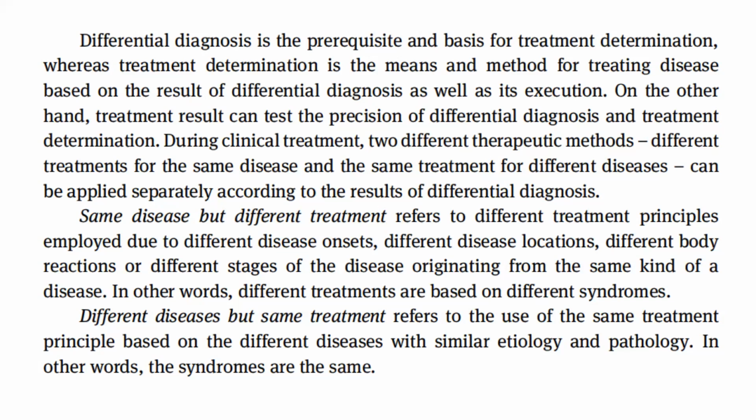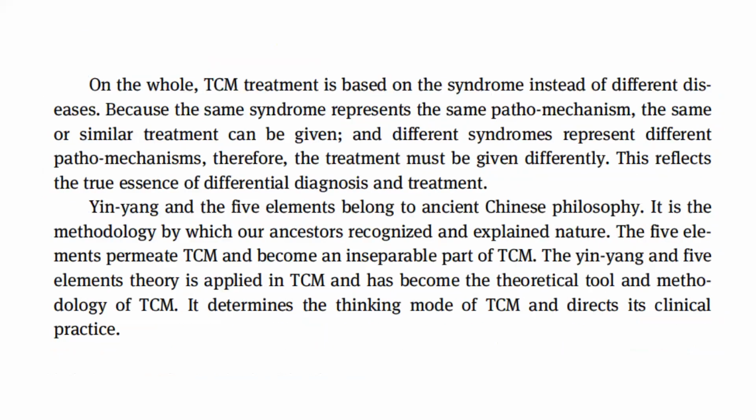In other words, different treatments are based on different syndromes. Different diseases but same treatment refers to use of the same treatment principle based on the different diseases with similar etiology and pathology. In other words, the syndromes are the same.